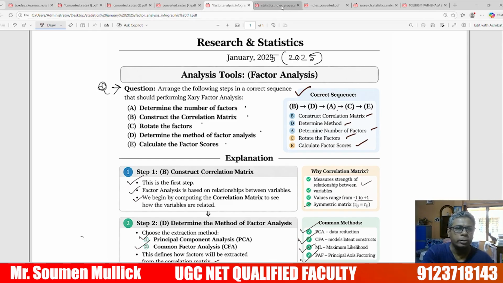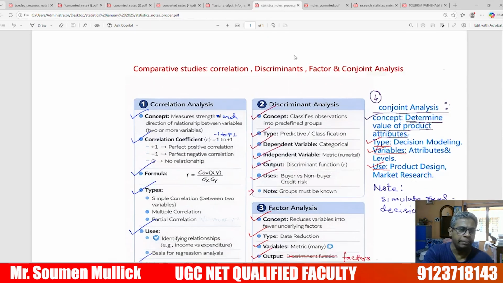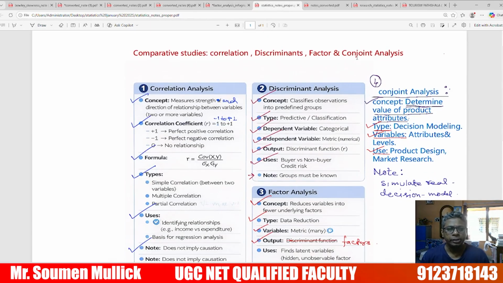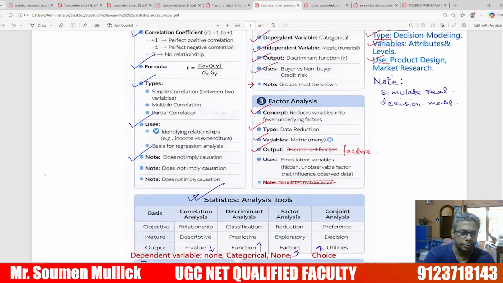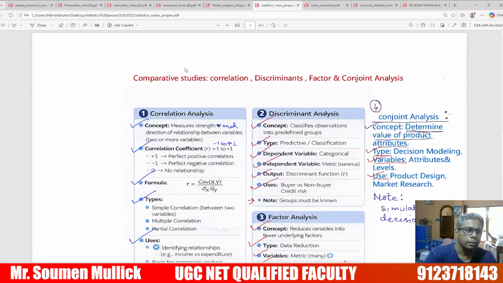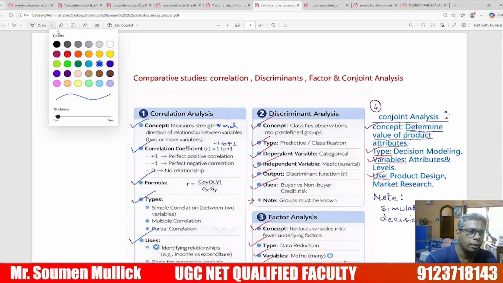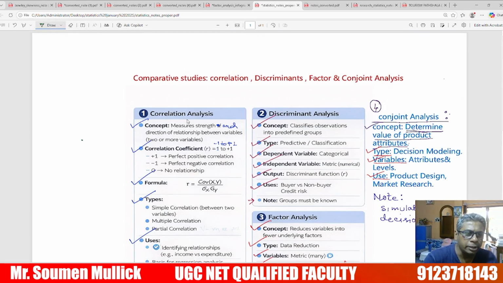Now we are going to understand the comparative study between correlation analysis, discriminant analysis, factor analysis, and conjoint analysis. You see the correlation. The concept of correlation analysis measures the strength and direction of relationship between variables. This is very important.